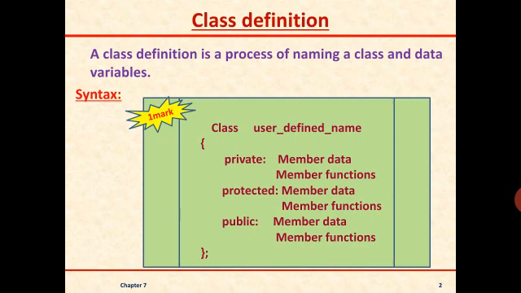Every private, protected, public access specifier contains its own member data and member functions. And at the end we close the brace followed by a semicolon. So this is the syntax or grammar to create any class in C++. So from now onwards we must understand that to create any class we must follow this syntax or grammar.